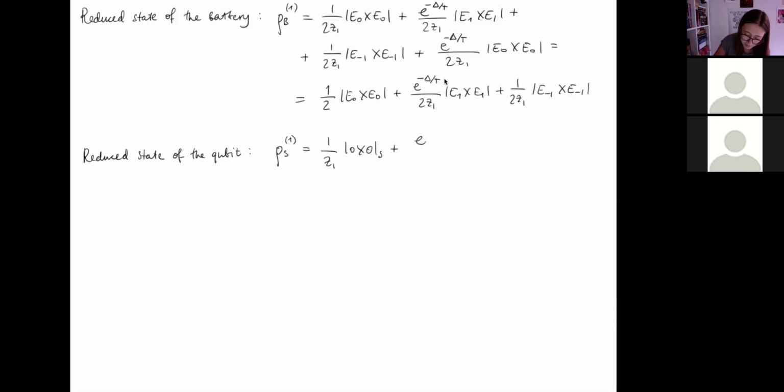Plus, of course, the remaining by normalization would be e to the power minus delta over t over Z1, 1, 1 on S.